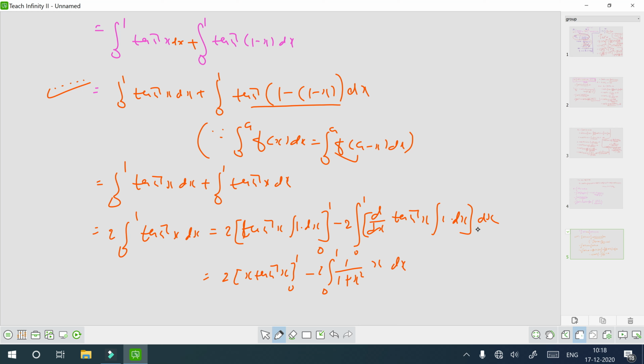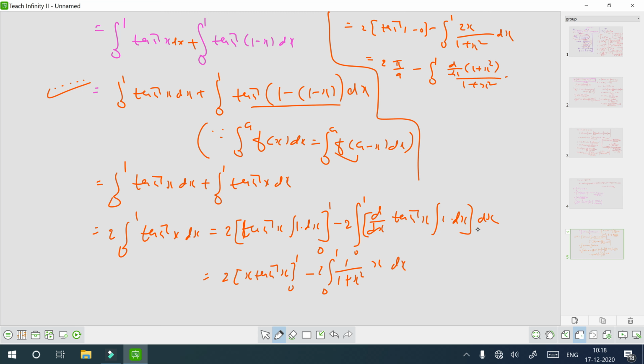So that is equal to 2 tan inverse 1 minus 0, minus 0 to 1, insert 2 inside to get the derivative of the denominator quantity in the numerator. That is equal to 2 into pi by 4 minus 0 to 1 d by dx of 1 plus x square over 1 plus x square.